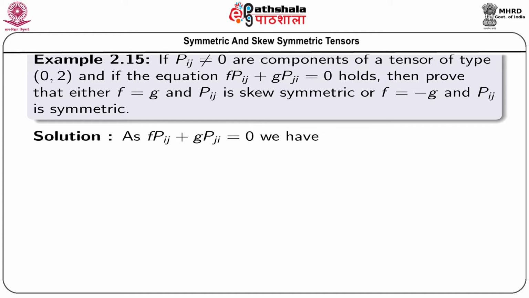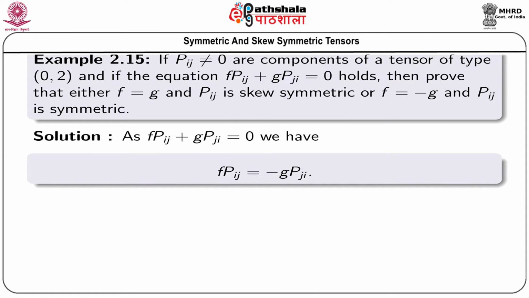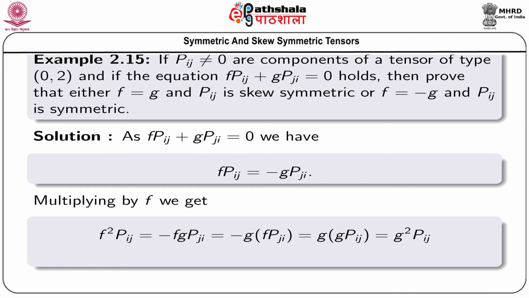As f Pij plus g Pji equals 0 holds, we have f Pij equals minus g Pji, and multiplying by f, obviously taking f as non-zero, we get f squared Pij equals minus f g Pji, or g times f Pji, and in place of f Pji we put minus g Pij, that means g squared Pij.